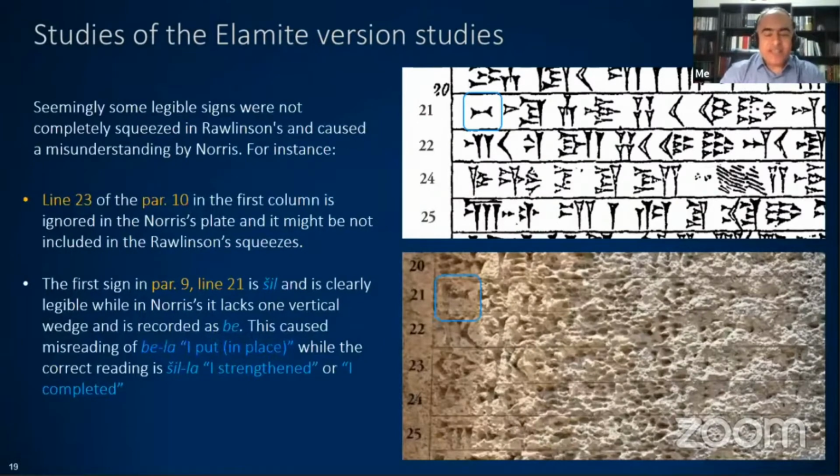I conjecture some legible signs were not completely squeezed by Rawlinson, and this caused a misunderstanding by Norris. Consequently, his plates couldn't be a basis for new research on the Elamite version today.